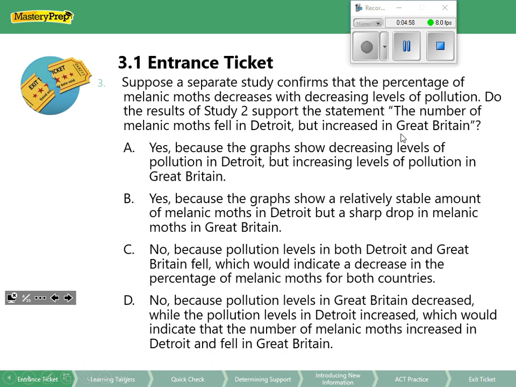So if we look at the pollution levels for both Detroit and Britain, they're both going what? Down. Okay, so the number of melanic moths fell, but increased. Well, we know that's not true because the graphs tell us that they're both going down, which means A and B are both gone.